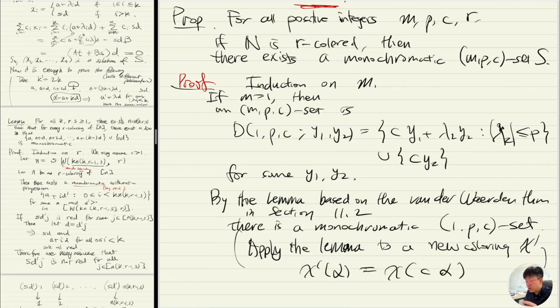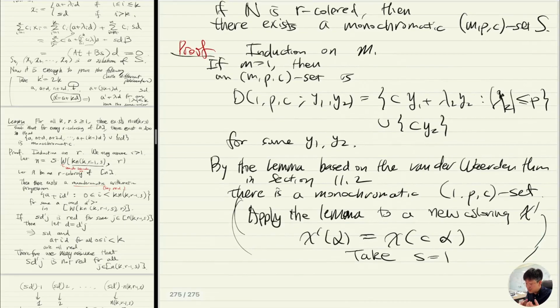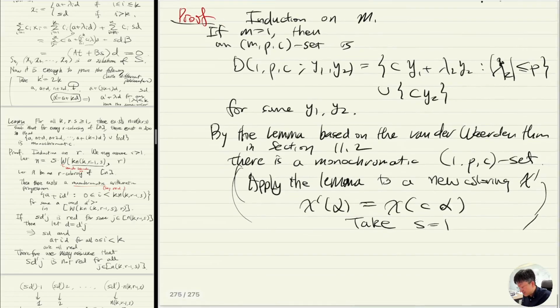So I'm only going to consider coloring of the multiples of C and then take s to be 1. Right? So try to find the arithmetic progression inside the multiples of C. And then I will give you what we want. All right.